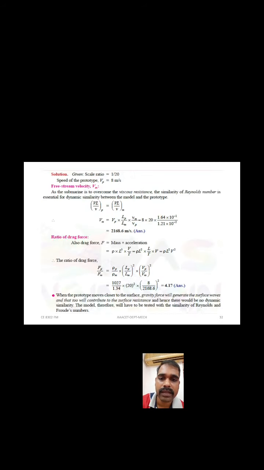Then density of sea water is given, density of air is given. So these all are the given data for this problem, right? So once again you just read this problem, just try to understand the concept of what is given in this question. Let us see. So this is your solution part.